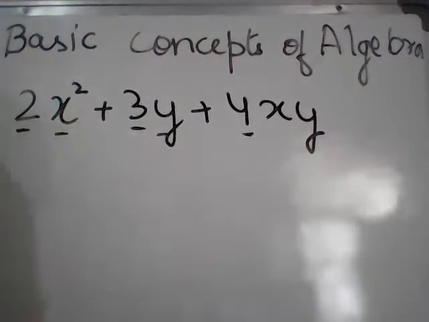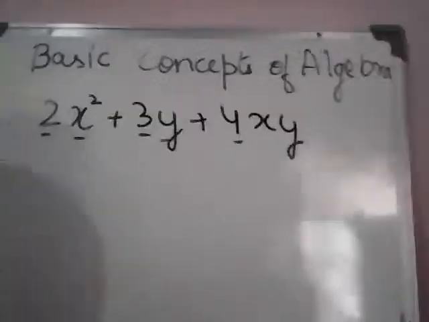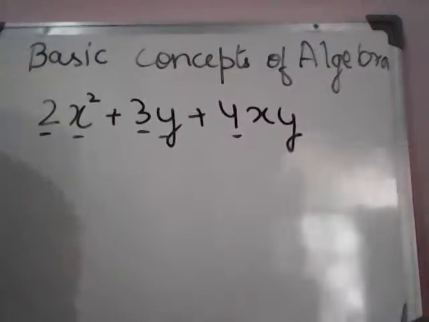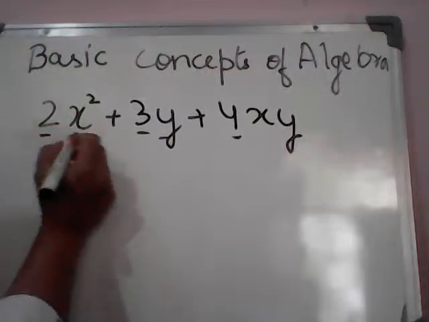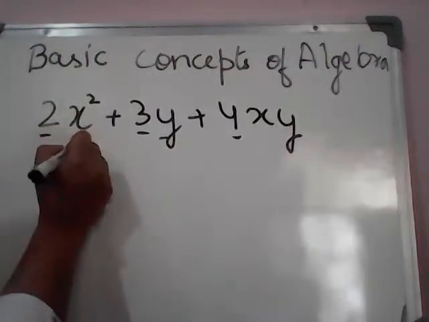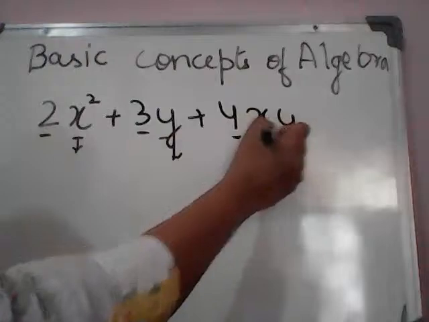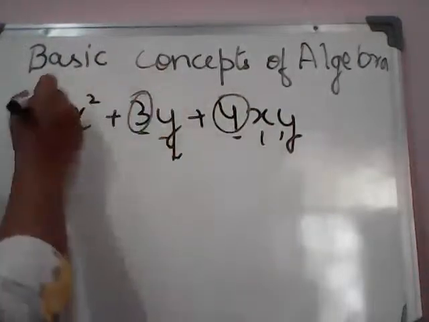Is it visible to everyone? Yes. So we can see here alphabets and these are the numbers. So these alphabets are called variables.